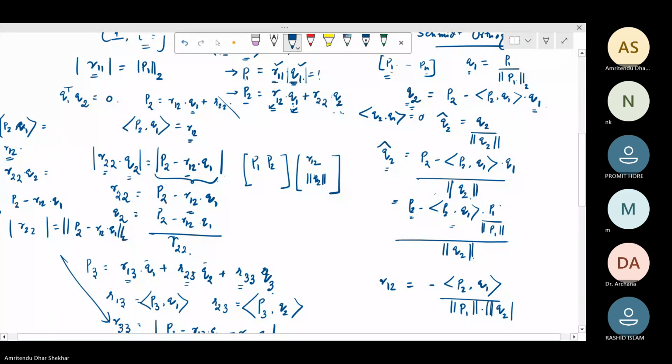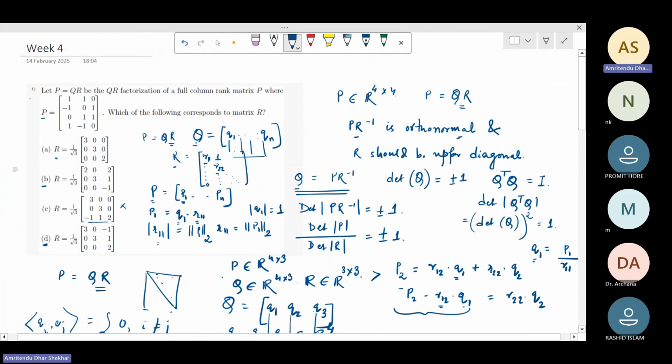Okay. So that's how you get the value of R22 and the value of Q2. And likewise, you have to keep on solving for all those equations. So if there are three columns over here, your Q matrix would also have three columns. Okay, so it doesn't have to be an n cross n matrix.